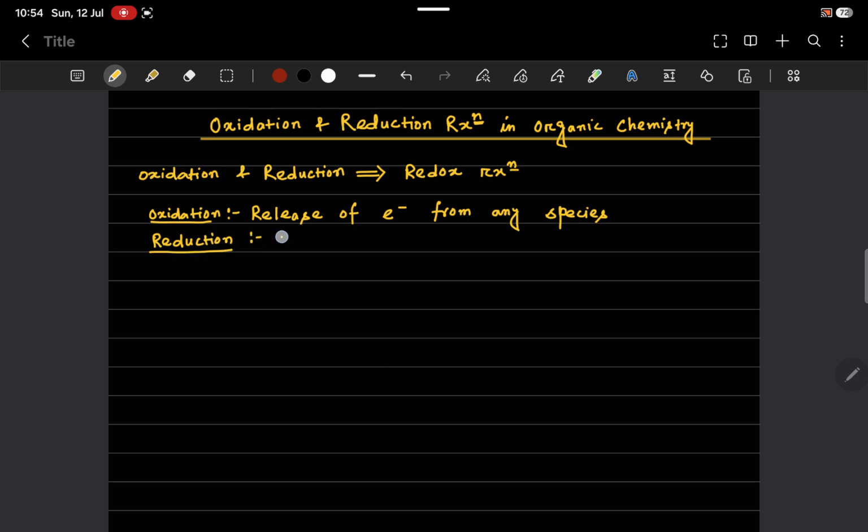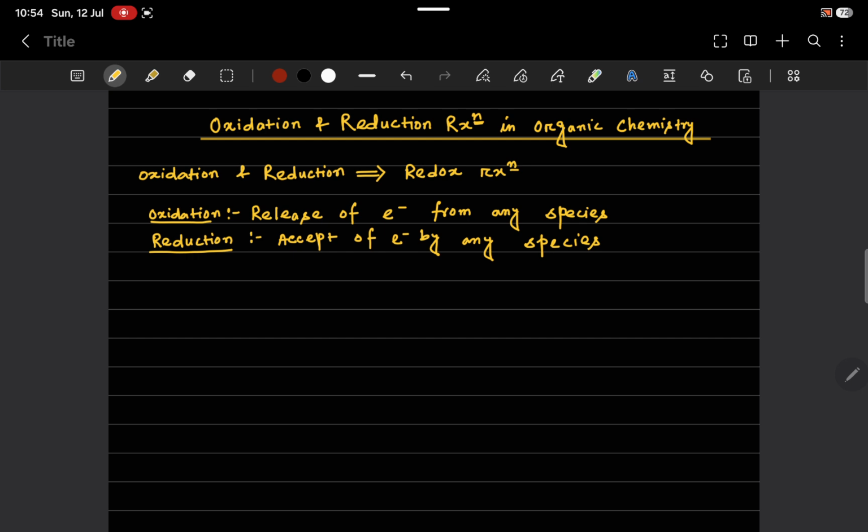That means acceptance of electrons by any species. I think that you know this thing.